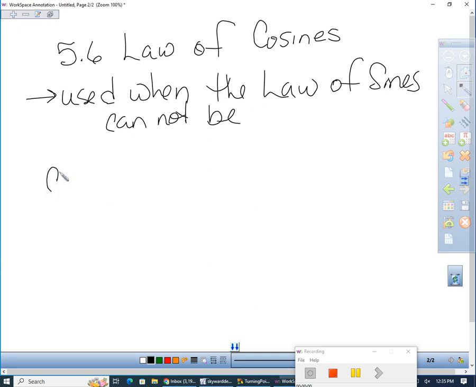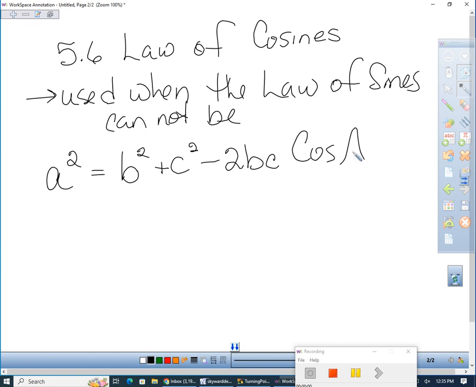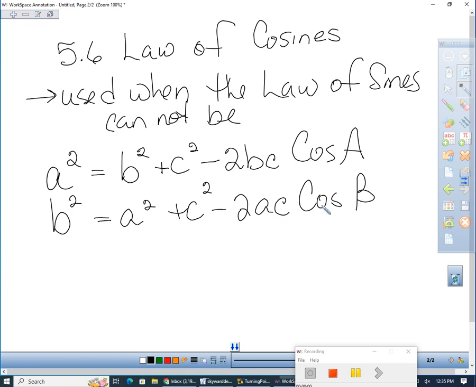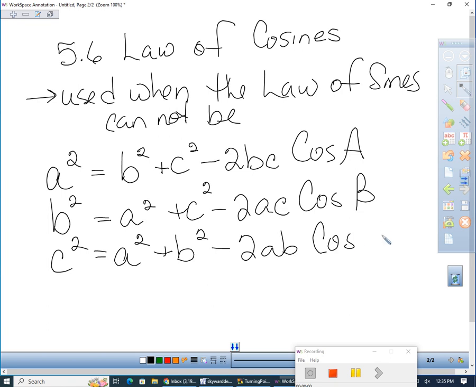First one: if I need side A, it is a squared equals b squared plus c squared minus 2bc cosine of A. The second equation, if I need side B, is b squared equals a squared plus c squared minus 2ac cosine of B. And the last formula, if I need C: c squared equals a squared plus b squared minus 2ab cosine of C.